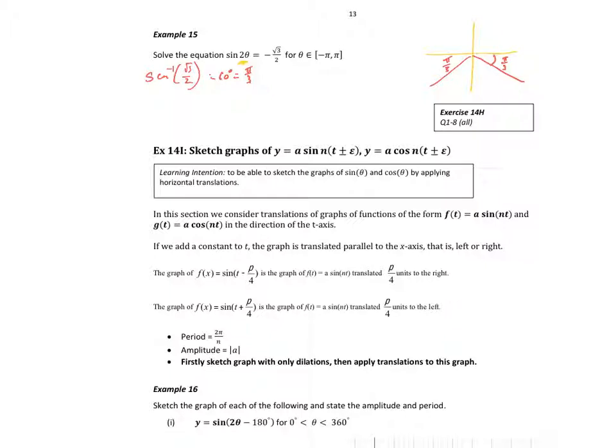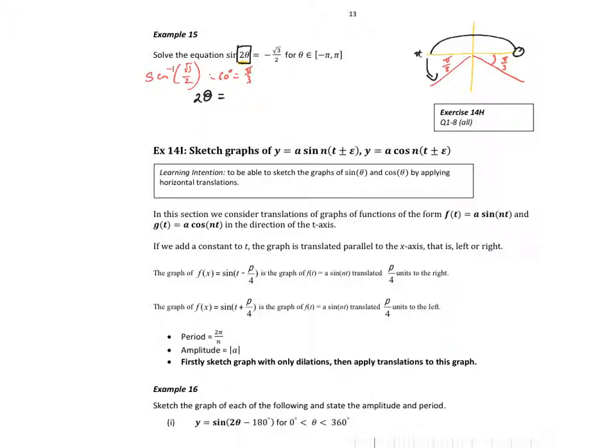So I'm going to do exactly the same thing. I'm going to start at 0, go around to pi, I get pi plus pi on 3. Now the difference here is, instead of it just being a single theta, I've got 2 theta. So 2 theta is equal to my answers.